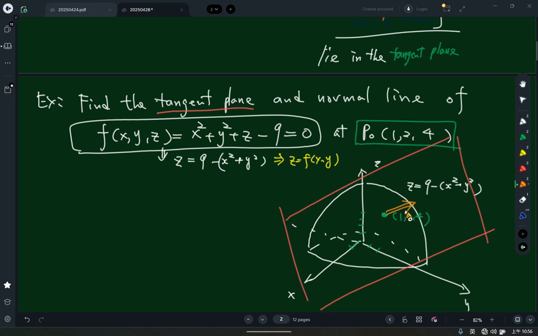If this is the tangent plane, the normal line is this one. Okay, so this is the description of this question.